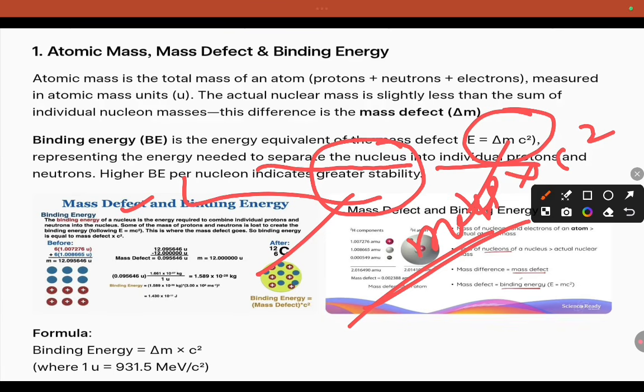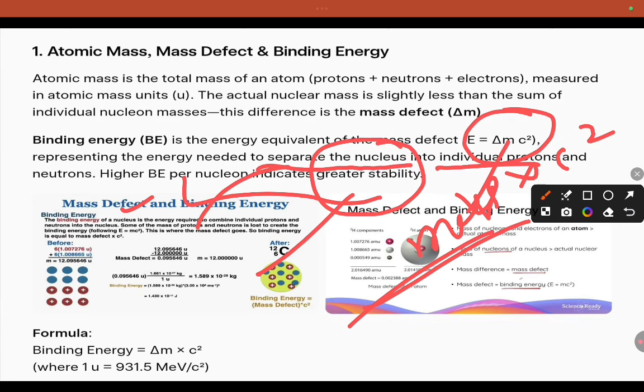This is where the mass defect goes. When mass is converted to energy, that energy is what we call binding energy. Why do we have differences? Because during the energy transformation we see the energy loss. So that is about the mass defect as well as the binding energy concept.